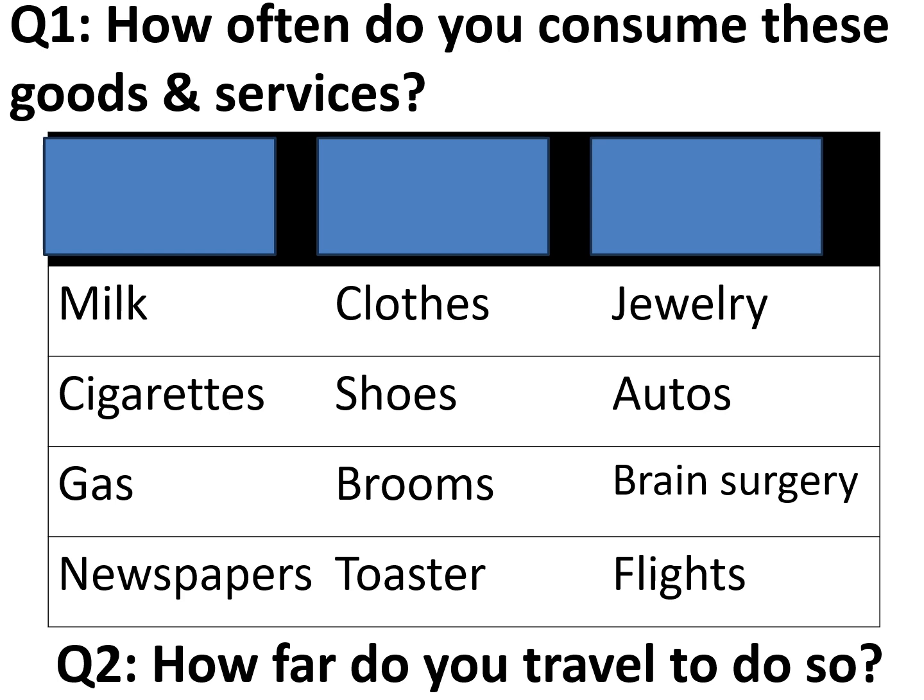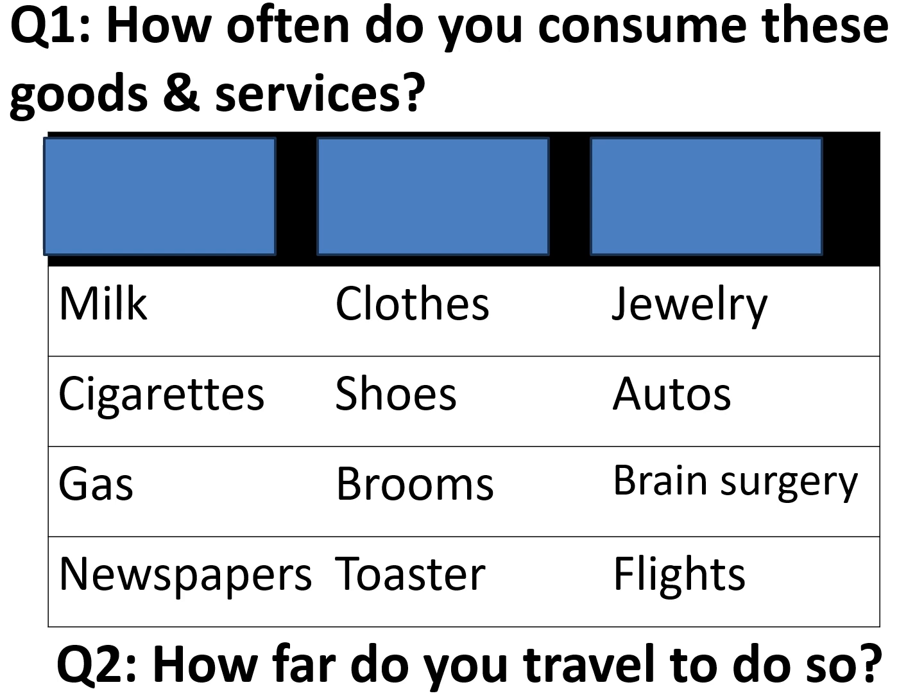And part of the reason is that these things are durable, and you're willing to look at a wider selection, right? Or maybe there just aren't that many places that have clothes, shoes, brooms, and toasters.